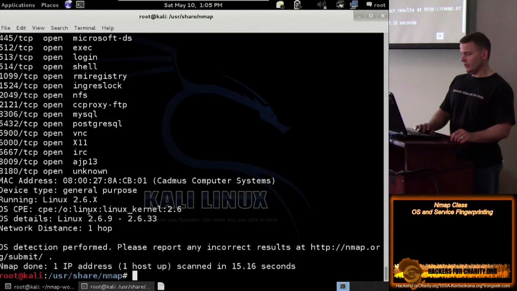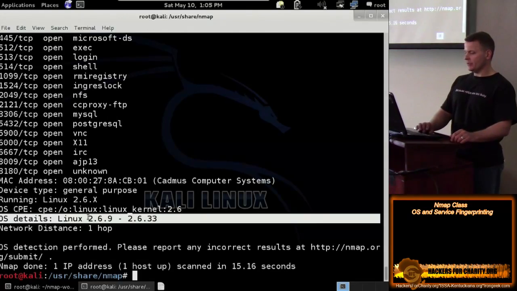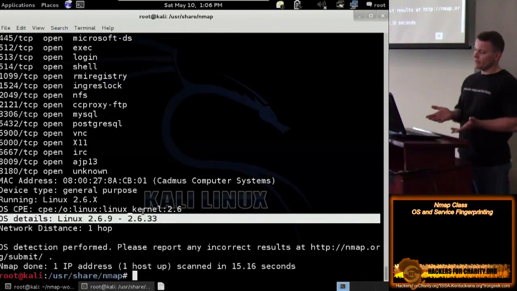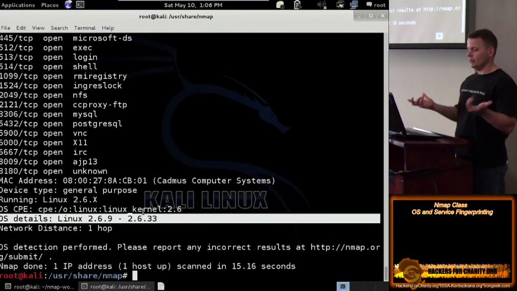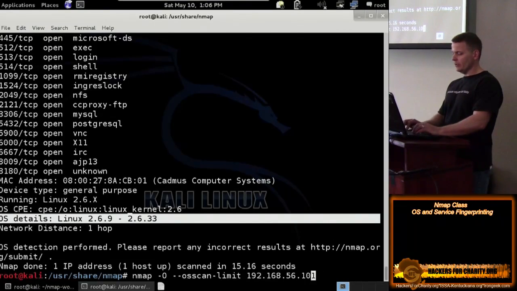Okay. In this case, it basically got the same answer as earlier, the Linux 2.6.X. So even though we said, don't waste too much time on this process, it was able to figure it out anyway.